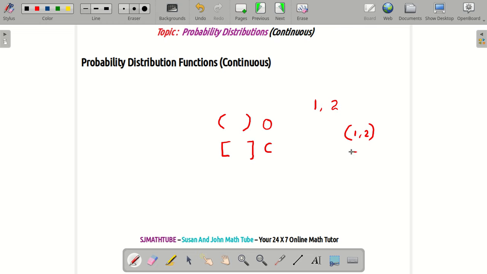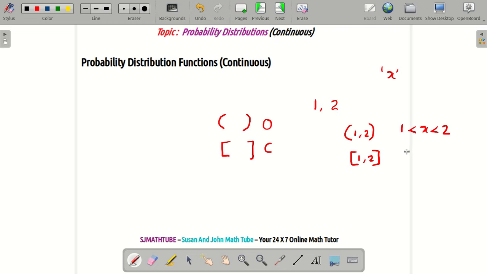At the same time, if I use square brackets, then it means I'm using all the numbers between 1 and 2 including 1 and 2. Or you can use this: let's say x is our required number, and you can write 1 < x < 2.